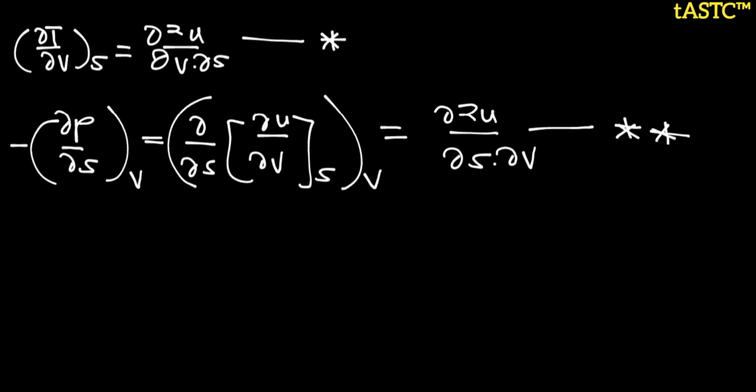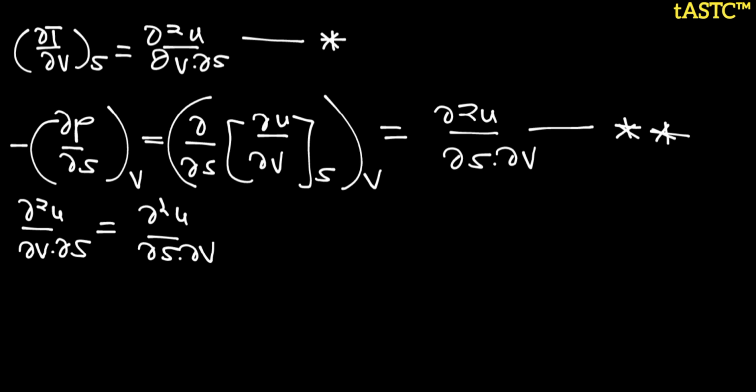Now, if you notice, we have that d squared U dV dS is the same thing as d squared U dS dV, right? So since we have this to be equal, that means what is on the left hand side of both equations are also going to be equal.